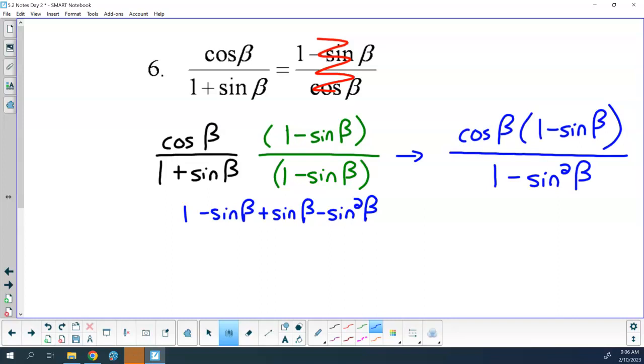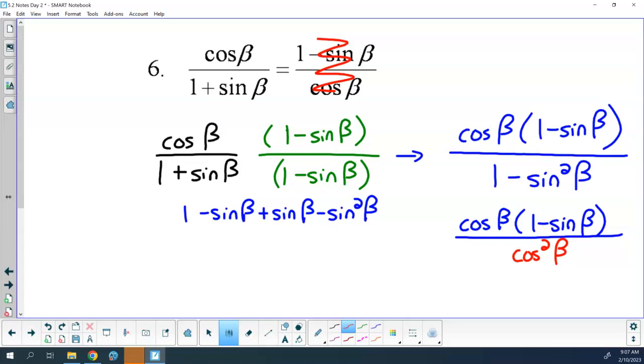It's cosine squared. Can I simplify anything?